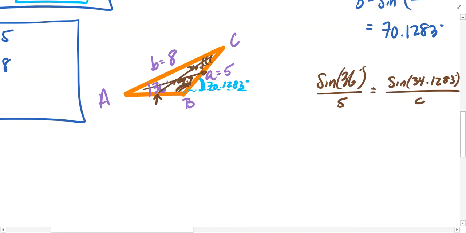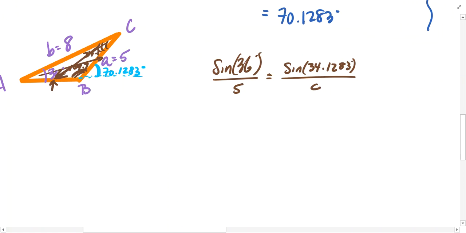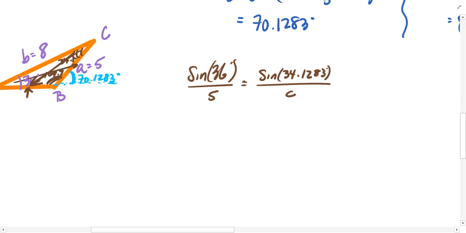So this angle measure is across from side length C. And we can cross multiply to solve for C. So we'll multiply across this diagonal, divide by this result, and we'll end up with side length C.